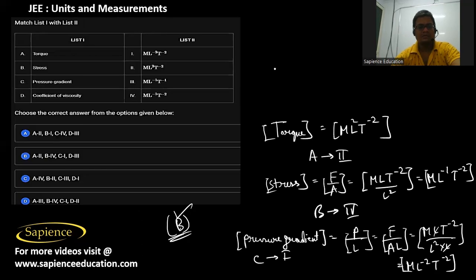So that will be force M L T power minus 2 divided by length L into L T power minus 1. So L will cancel. So that is M L power minus 1 T power minus 1. So of course D will match with 3. So option B is the correct answer.